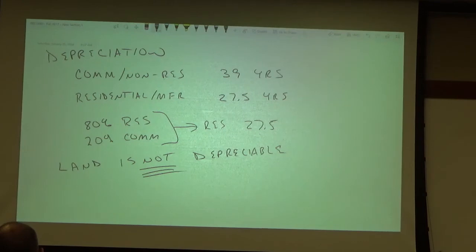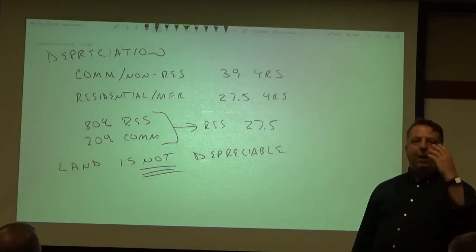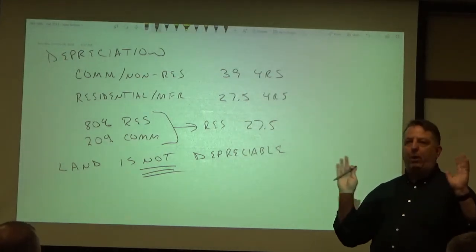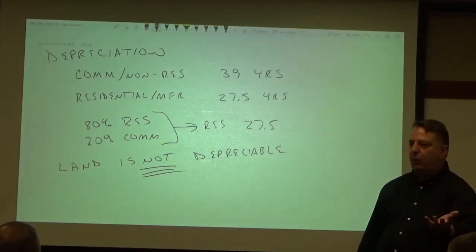Now the concept behind that is that land is forever. Land is durable. Land should not depreciate in value because you can always tear down what's on it and rebuild on top of it. Now we can always think of really weird, quirky circumstances, how once you've used the land for something, you probably are not going to be building something on top of it, like a toxic waste dump.